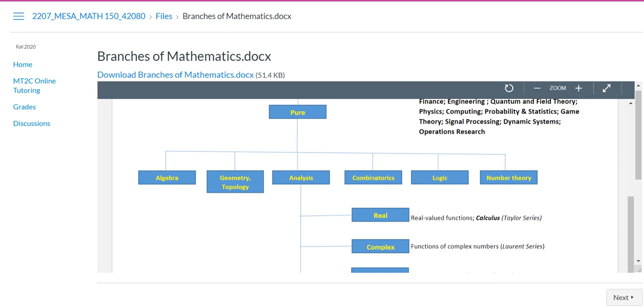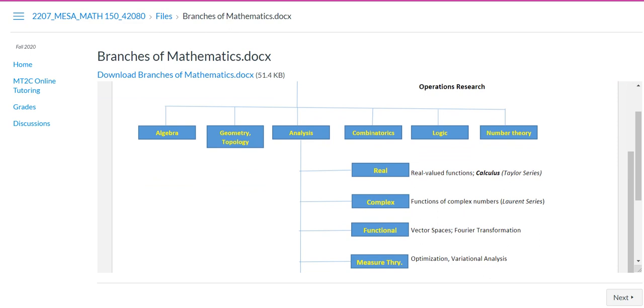So we're talking about real valued functions, and of course in calculus, one of the topics that's interesting to us, well, unfortunately not in this course, but in your second semester calculus, you take up the idea of Taylor series. And if you study complex analysis, functions of complex numbers, Laurent series is an example of this division of analysis.